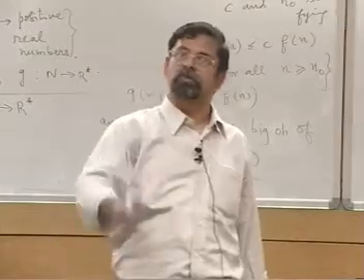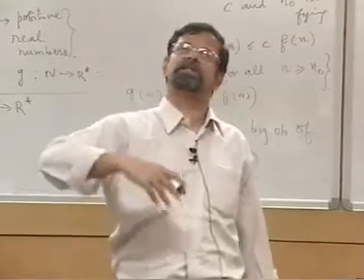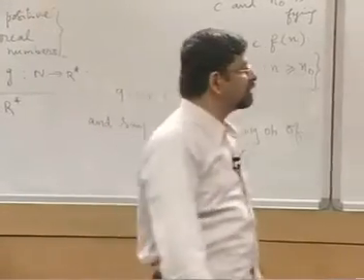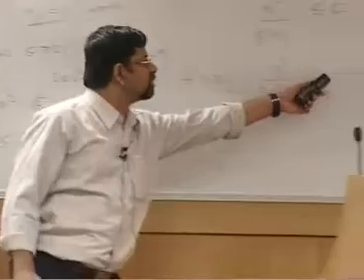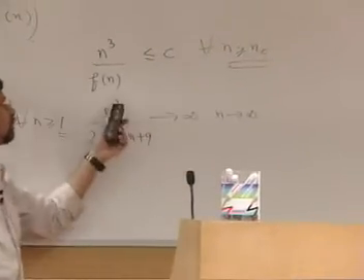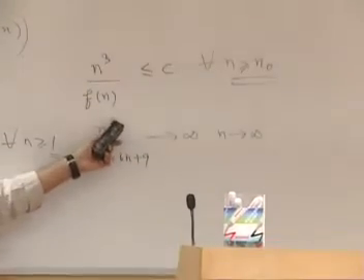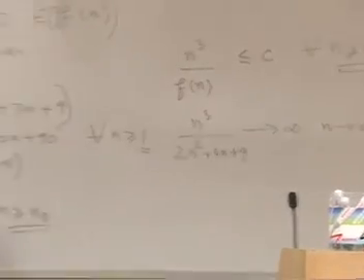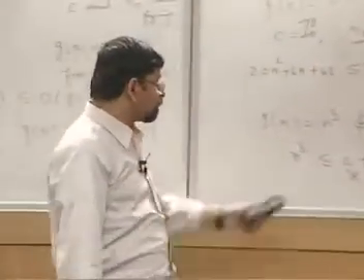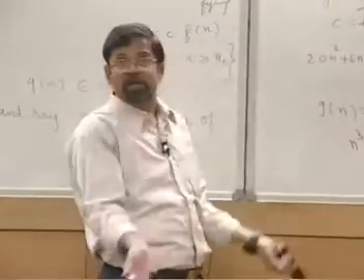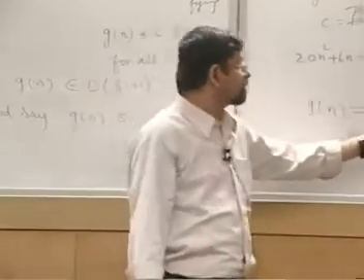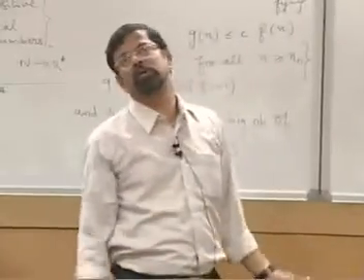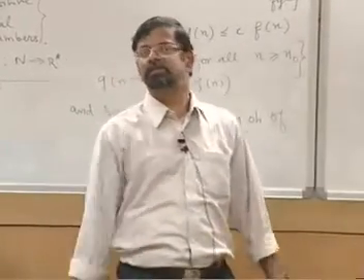You say 2 billion, this ratio will exceed even that beyond some point. The reason is this goes to infinity as n goes to infinity. Because the numerator is n cube and the denominator is n square, you see that you cannot find such a C. Since you cannot find such a C, this doesn't belong to big O of f of n.